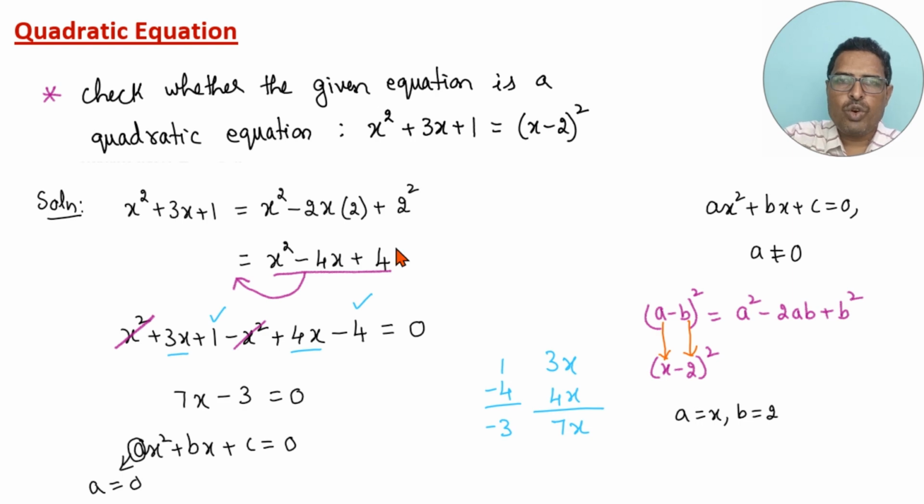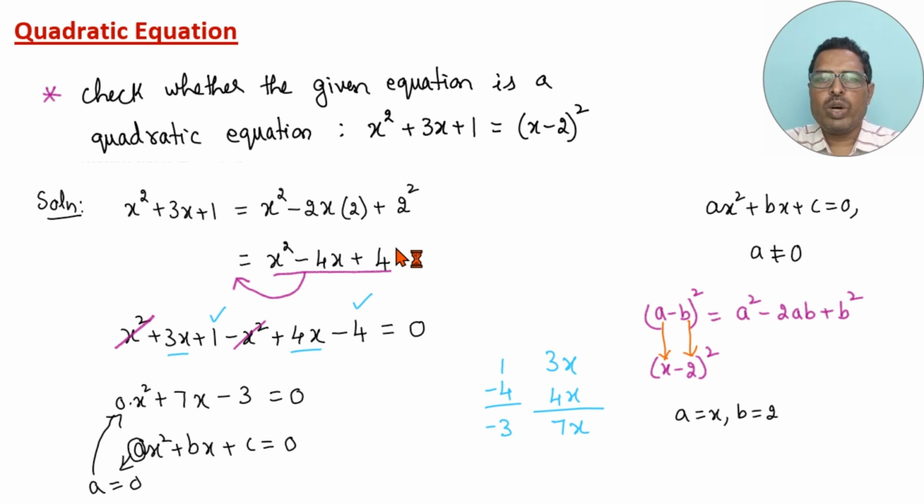If you want, you can include that one. x square is missing, so can I write that as 0 times x square? Will it make any difference if I write 0 times x square? Because 0 into anything will be 0 itself. You will get back 7x minus 3 itself. But what is the value of a you have got? The value of a is 0 here.